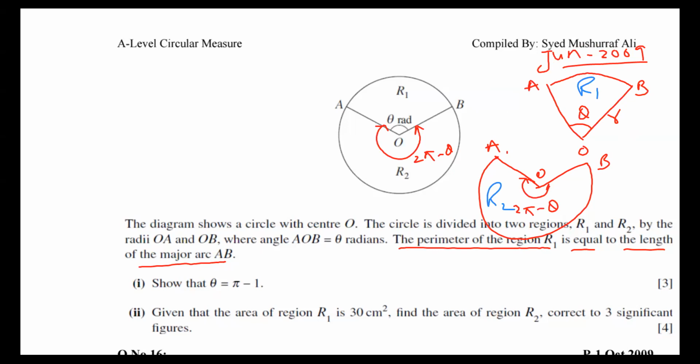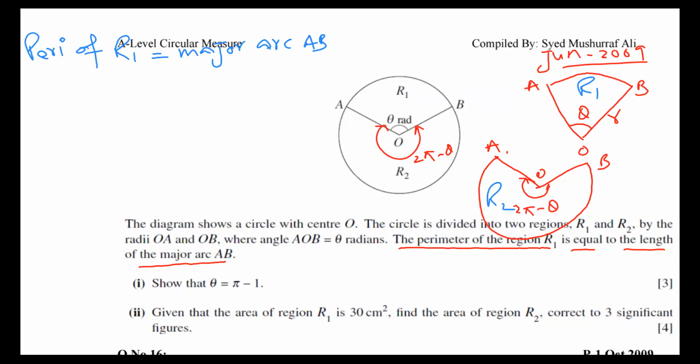So R1's perimeter, if you check it carefully, is RO, OB, plus the arc length AB. If I add them all, let's start. First of all, I write the formula. According to this line, the formula is: perimeter of R1 is equal to the major arc length, major arc AB.